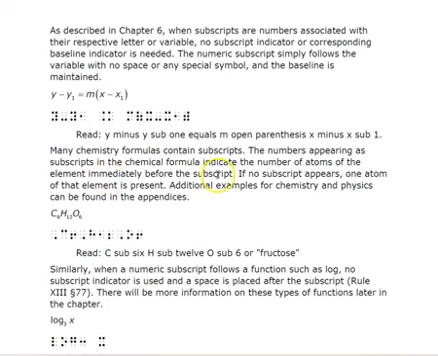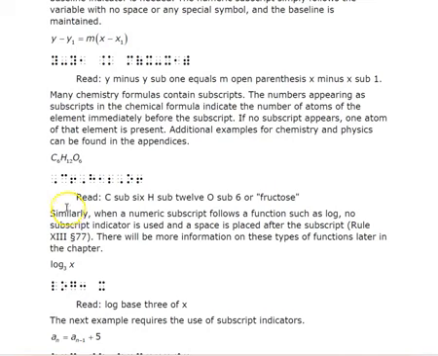Many chemistry formulas contain subscripts. Okay, the numbers appearing as subscripts in the chemical formula indicate the number of atoms of an element. So we know C6H12O6 is actually fructose.